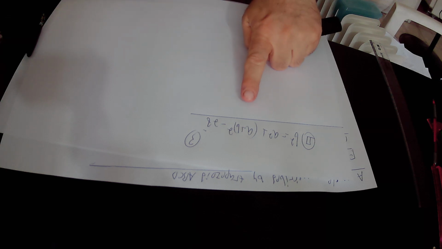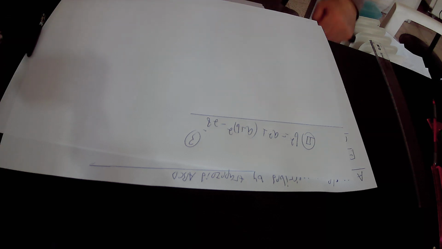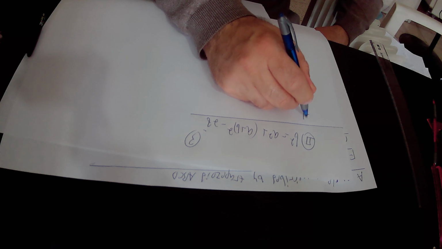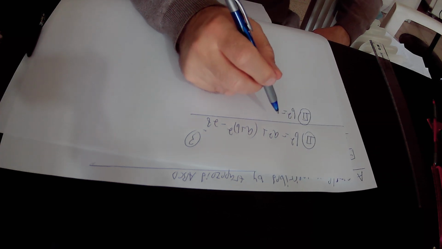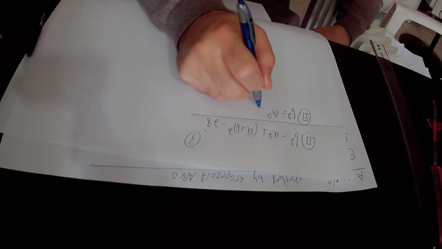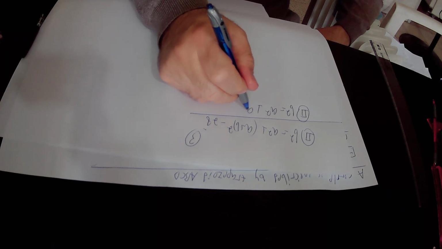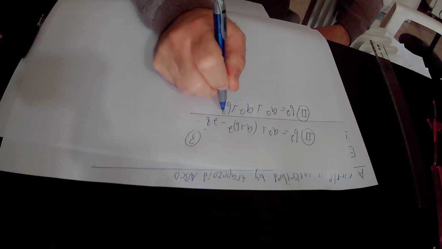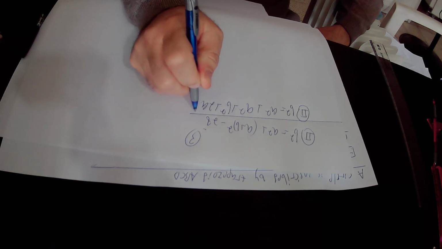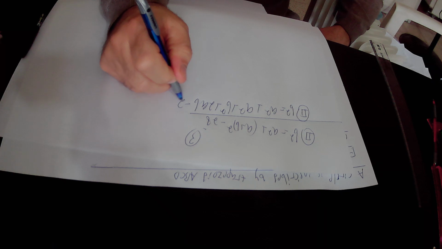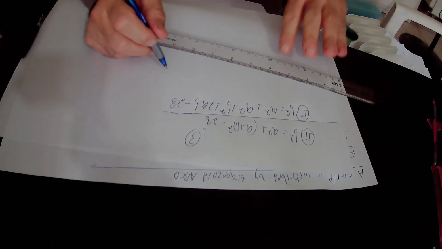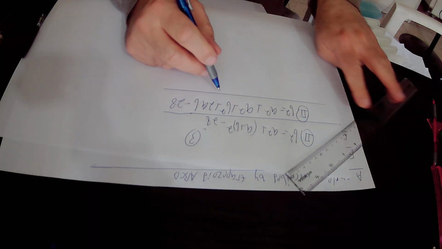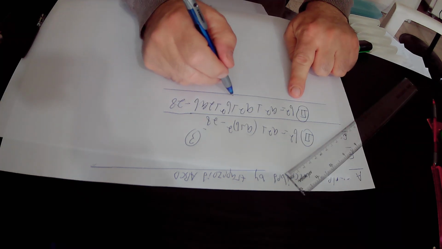Here we'll open the brackets of this expression, and we get that according to this equation 2, B squared equals A squared plus (A plus B) squared, which equals A squared plus B squared plus 2 times A times B, minus 28. So here we have B squared on both sides of the equation, so B squared will get cancelled.